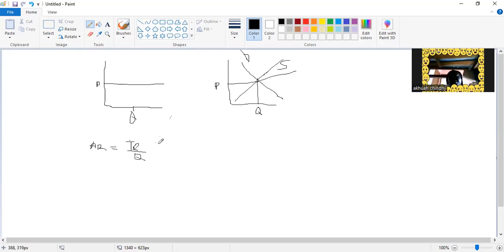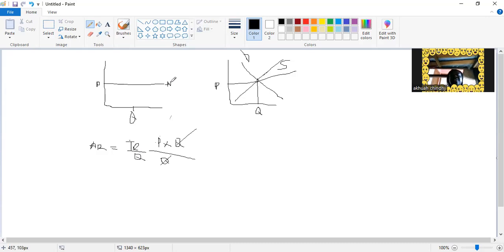So what is total revenue? Total revenue is P times Q, divided by Q. In effect, the Q will cancel the Q, so the average revenue is the same as the price for most firms in the different market structures that we have. So always the price is the same as the average revenue. So this demand curve can be termed as the average revenue curve.